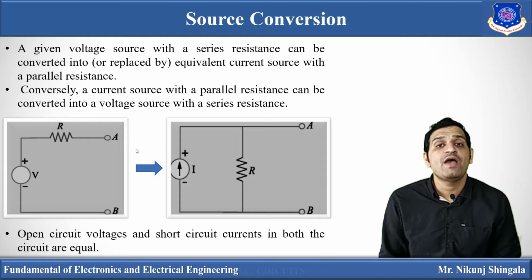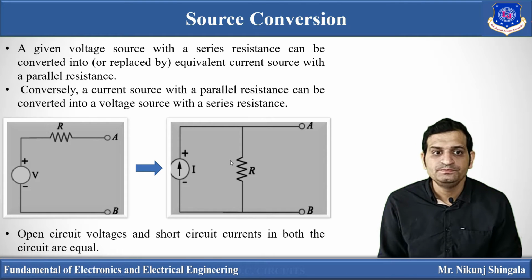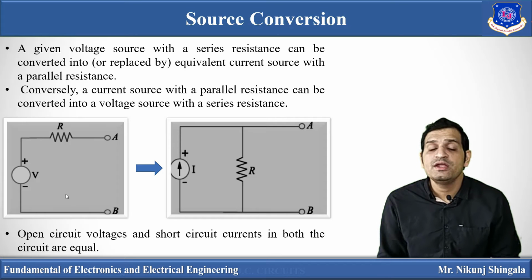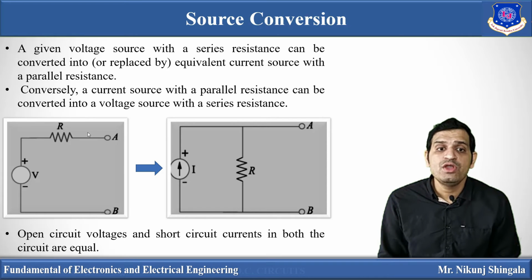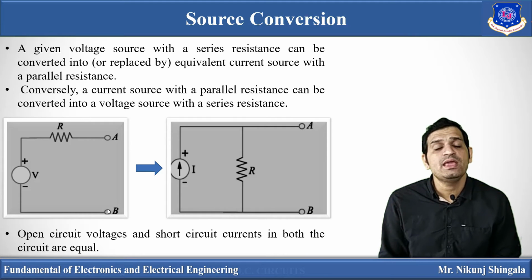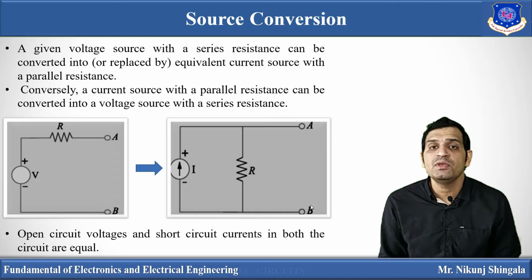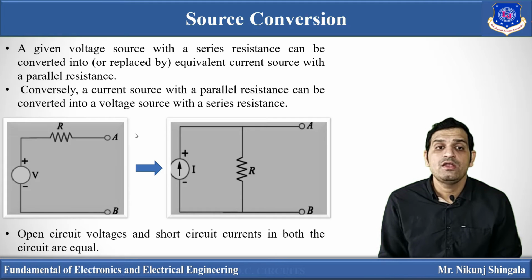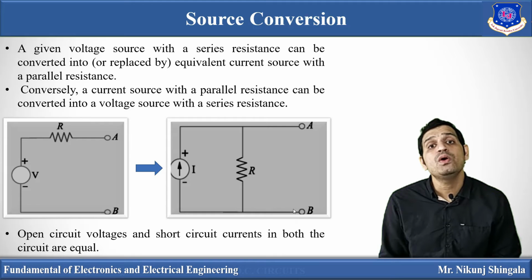In both cases, the value of the resistance is equal. Now what is the condition? The condition is that the open circuit voltage and the short circuit current in both cases should be equal. It means the voltage between A and B in the first circuit and the voltage between these two points in the second circuit should be equal, and the short circuit current between A and B in the first circuit and in this circuit should also be equal.